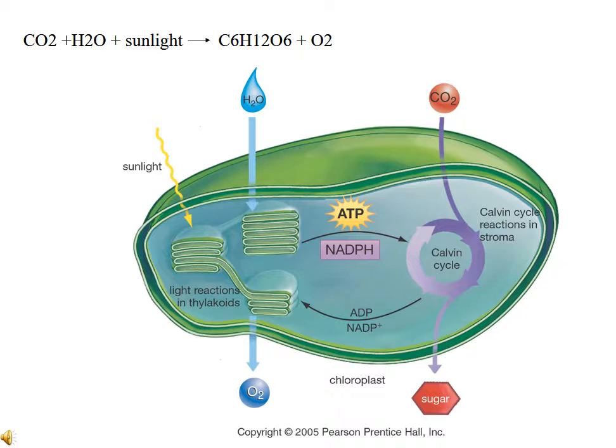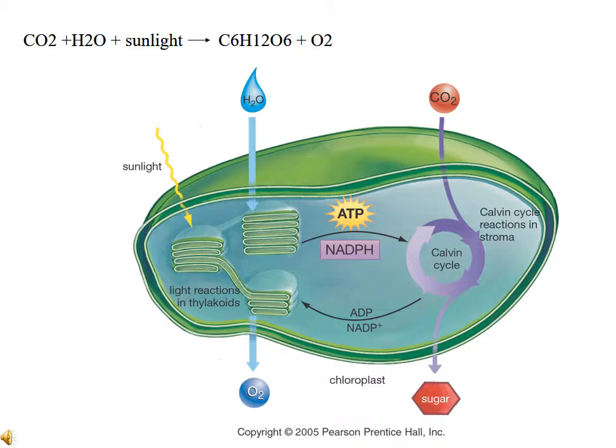So the plants are vital not only for producing the nutrients that we will eventually eat, but also producing the oxygen that we breathe. So looking at this formula that you really need to memorize and understand, let's see how this formula translates into the activity that takes place within the membranes of the chloroplast.